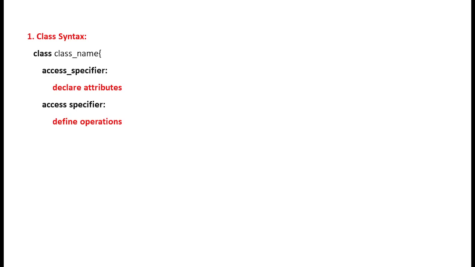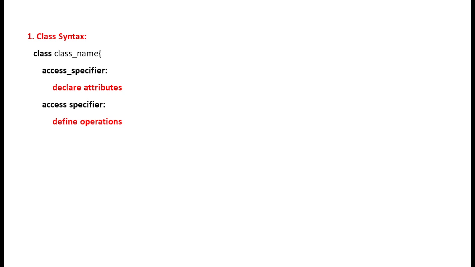Right. So here you can see what is the syntax to be used for creating our class. Here you can see the syntax: an access specifier, and under the access specifier you can declare the attributes which are required for specifying the structure or characteristics of objects.